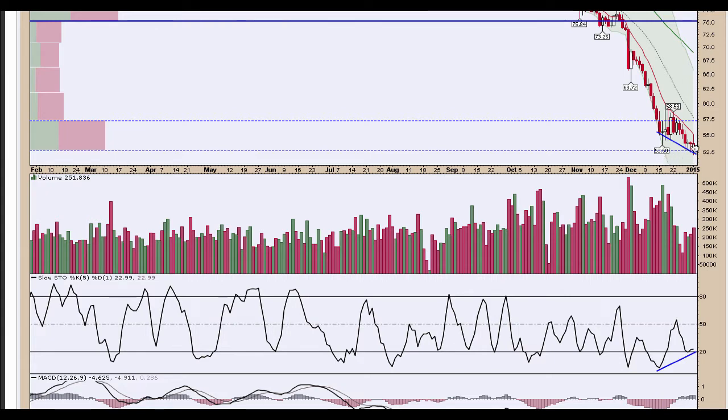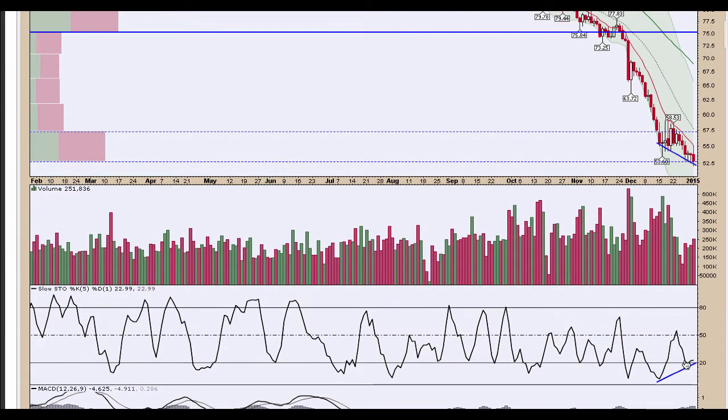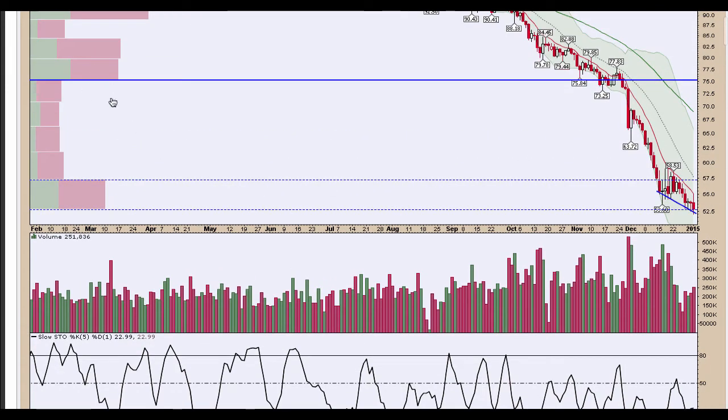So this isn't a guarantee, but I'm watching this divergence for a possibility that we could move back to the upside. Note this area here where prices have moved down very quickly. So we could see a move to the upside with a target of 75.25 before we start to see increased resistance.